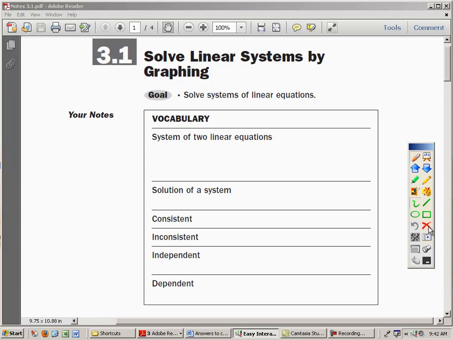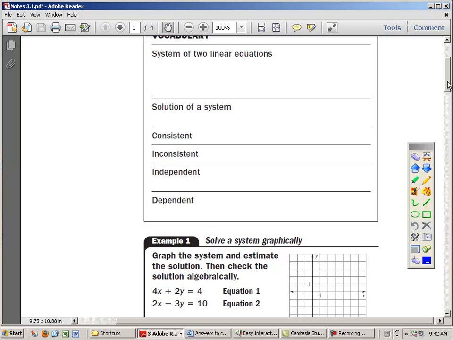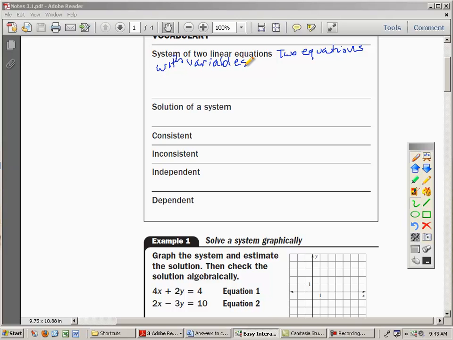So the first primary method that we'll be using to solve a system of equations is by graphing. And so basically what we're going to be doing is graphing a system of equations. So first of all, a system of two linear equations is two equations with variables x and y. They don't have to be in x and y, they just have to be both in the exact same variable.